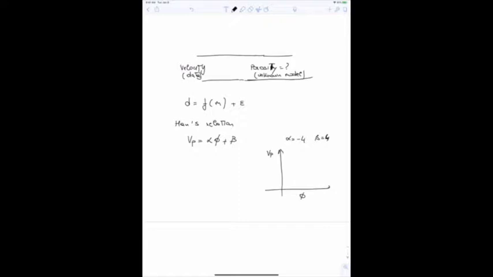Anyway, if you take this model for porosity equal 0, which means that you don't have any pore space, so no fluid, it's just solid rock. We are here in the plot, and the velocity would be -4 times 0 plus 4. It's here. So the velocity is measured in kilometers per second, and the porosity is a fraction.